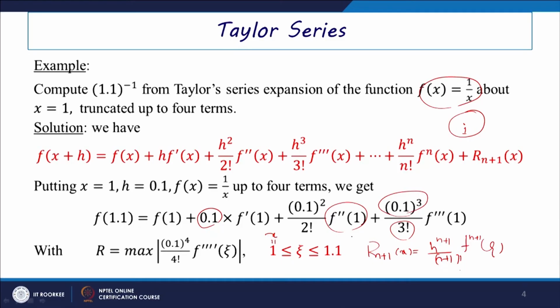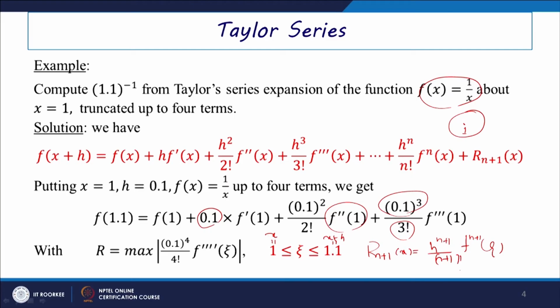So that is the x range here, x equals to 1, and x plus h is nothing but 1 plus 1, and we can express this remainder term as the maximum of h to the power 4, since it is asked to truncate up to 4 terms.